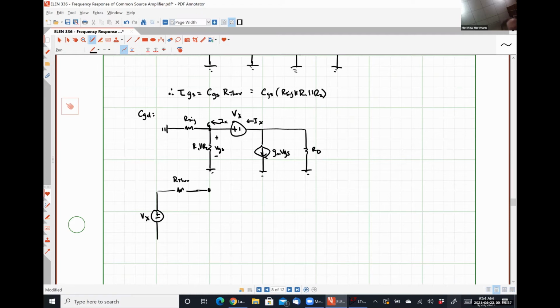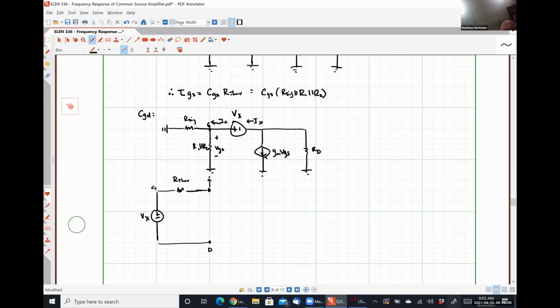On the other side of VX, we have the node where our current source and our resistance RD are located, right? So up here is ground. Down here is effectively, not our gate, our drain. This guy over here is our gate.